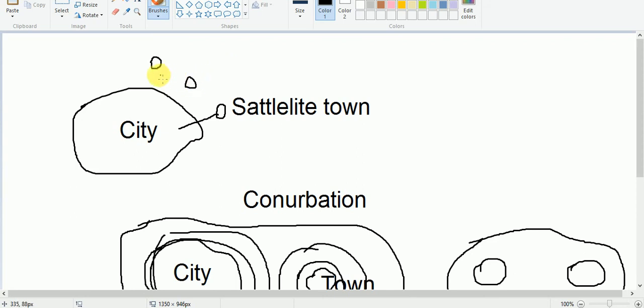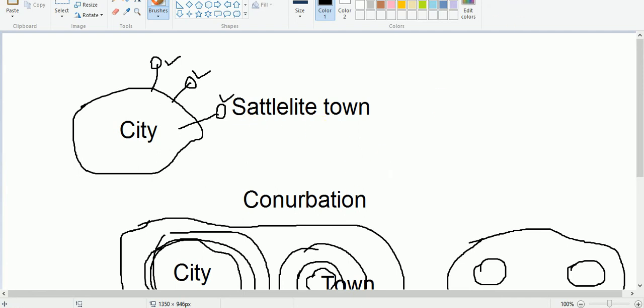And actually there is a functional relationship between these smaller towns and the big cities also. These small towns or municipalities which are located nearby a big city are known as a satellite town.